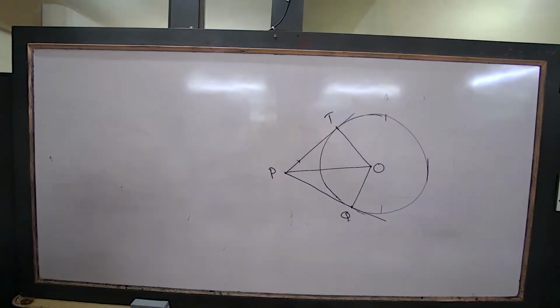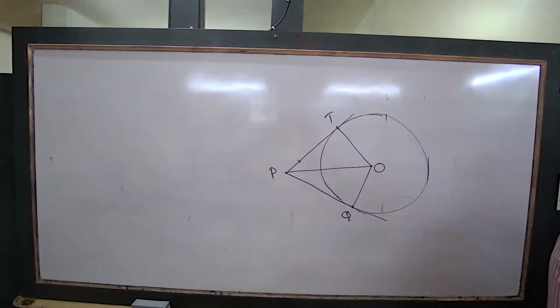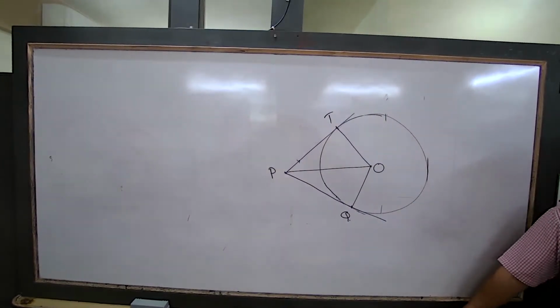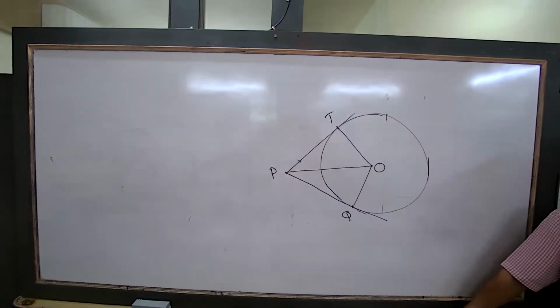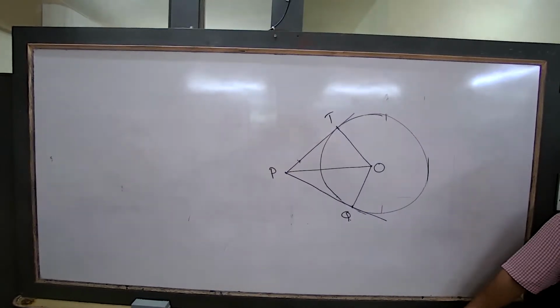Angle OTP is equal to angle OQP, 90 degrees each. Okay, then OP is common. Then OT is equal to OQ, radii. Therefore, these two triangles are congruent by RHS test. Therefore, PT is equal to PQ. Sit down. Okay. So, this property theorem, followed or not, from the external point?